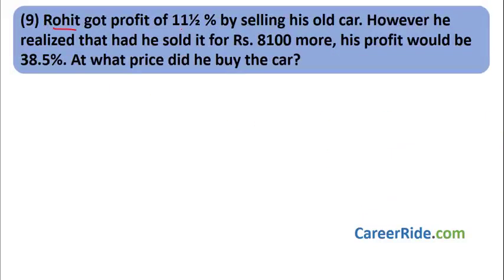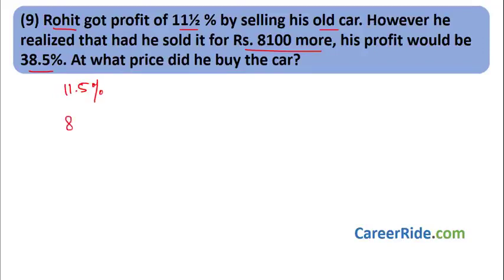Rohit got profit of 11.5% by selling his old car. However, he realized that had he sold it for rupees 8,100 more, his profit would be 38.5%. At what price did he buy the car? Again, now this is very easy. What they say, initially Rohit got 11.5% profit.